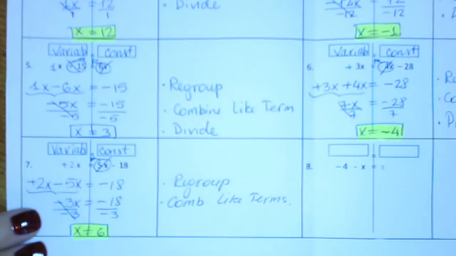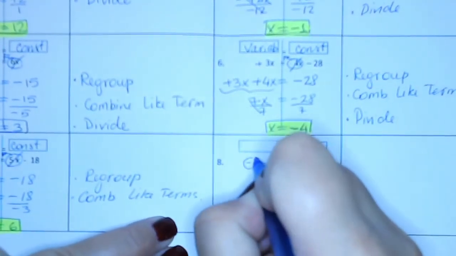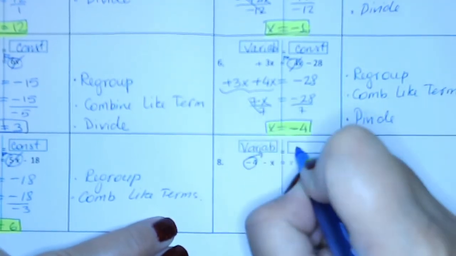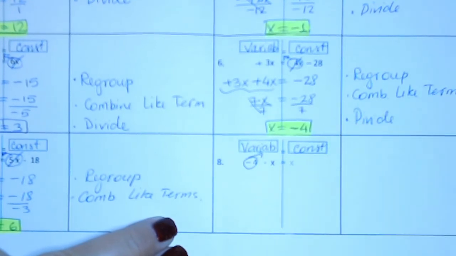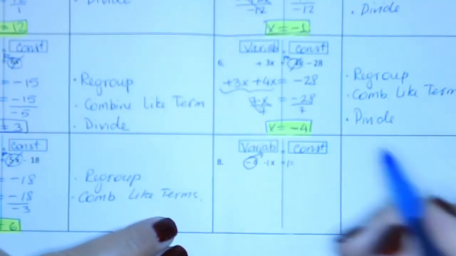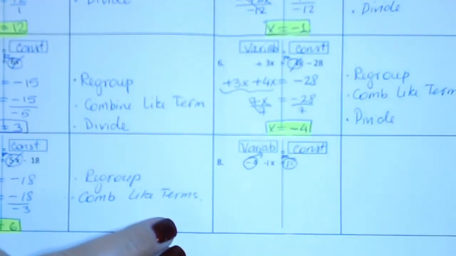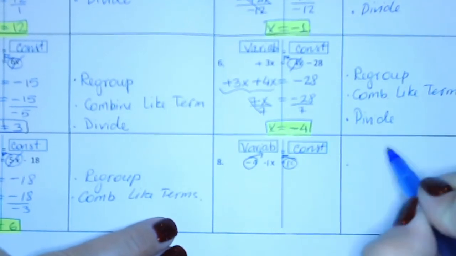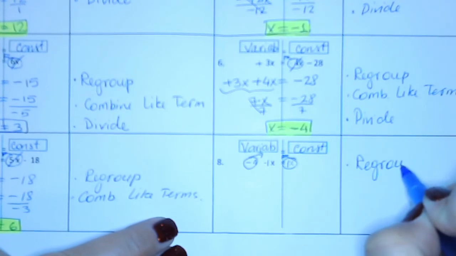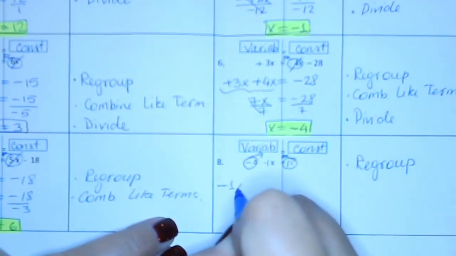And the last one, we have -4, which is a constant. Doesn't belong here. I want the variables to be here. Here I have -1x, and here I have a positive 1x, which I'm going to pass over this way. So once I look at my equation, some terms don't belong. So what I need to do is regroup. Keep what belongs on the left, -1x.